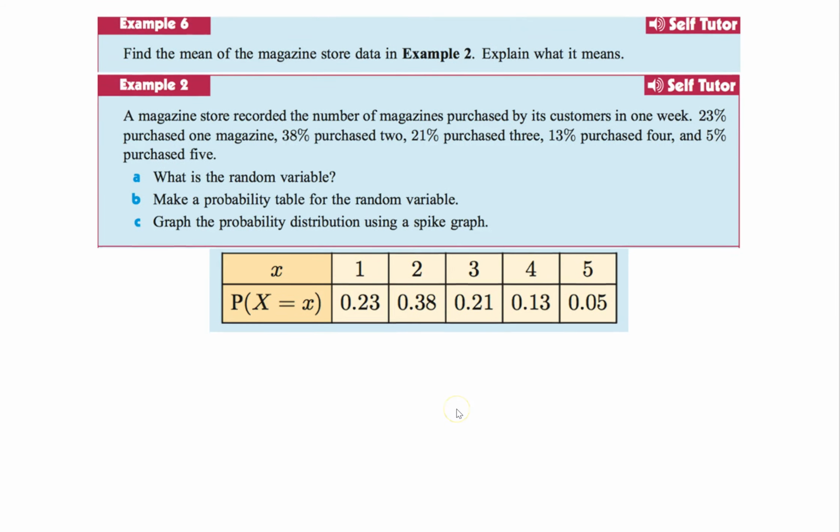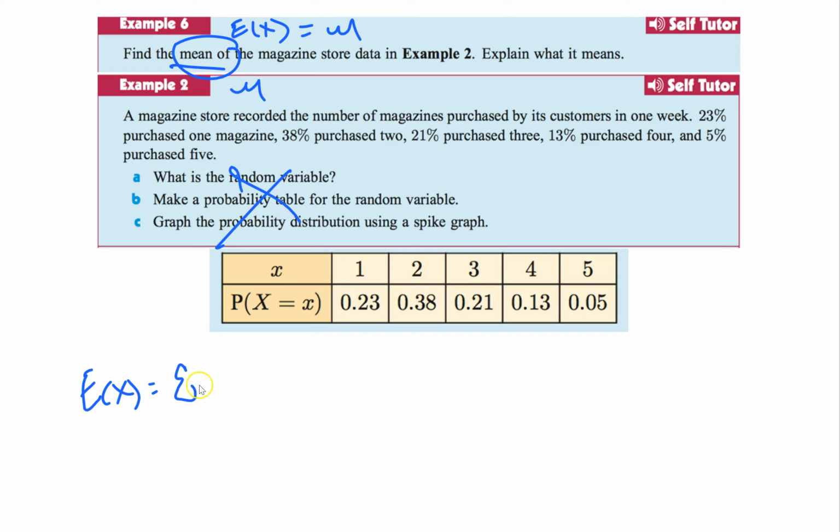Example 6: find the mean of the magazine store data from example 2, and explain what it means. We actually did this example earlier. It's with the magazine stuff. Ignore all this right now. One magazine was a 23% chance, 2 was that. So here's the table. Since I have a table, if I want to find the expected value, or the mean, which is also expected value, remember this is equal to this, and that stands for mean. All I'm going to do is the formula. Expected value. This one has a table, so I'm going to use the other formula.